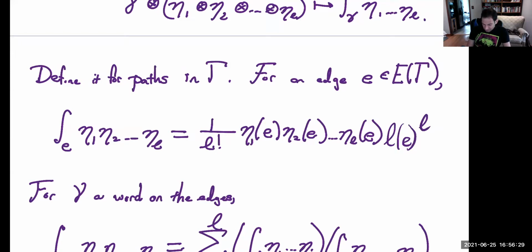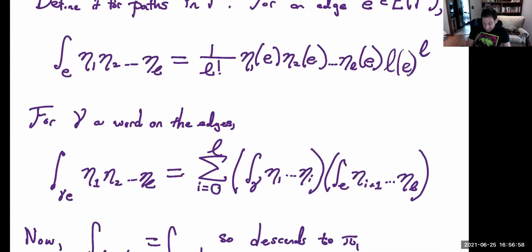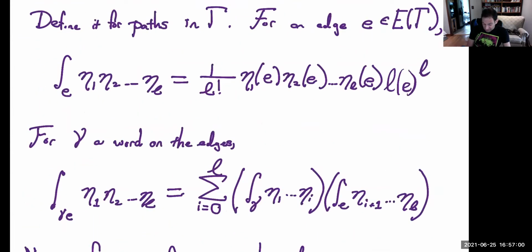So what it ought to be is if I integrate a tropical one form or a collection of tropical one forms on an edge, I take each one form, I look at its value on the edge, I multiply them together, I multiply by the length of the edge to the number of one forms, and then I divide by L factorial. And so that's how I integrate on a single edge.